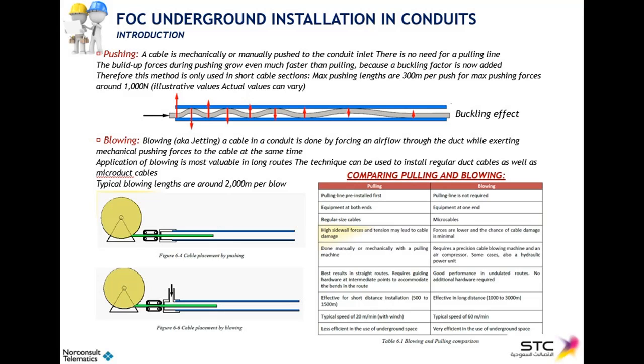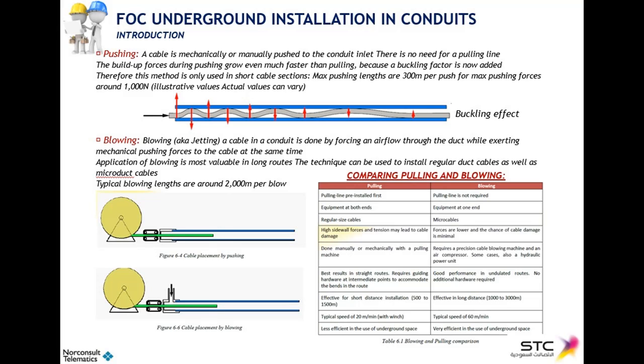So this is the big advantage of blowing, preventing the buckling effect to some extent. Obviously, physics still plays a role even in blowing installations, so buckling will appear, but at much higher installation forces and longer distances, and we will see that later on. This installation method allows for 2,000 meters and even beyond easily.